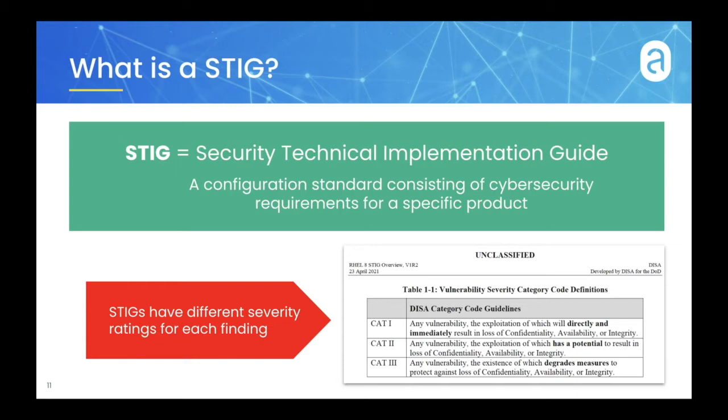So Cat 1 is any vulnerability, the exploitation of which will directly and immediately result in a loss of that CIA triad. So going back to the basics of InfoSec right there. Cat 2 is any vulnerability that has the potential to result in loss of CIA. And then Cat 3 is any vulnerability, the existence of which degrades the measures to protect against.